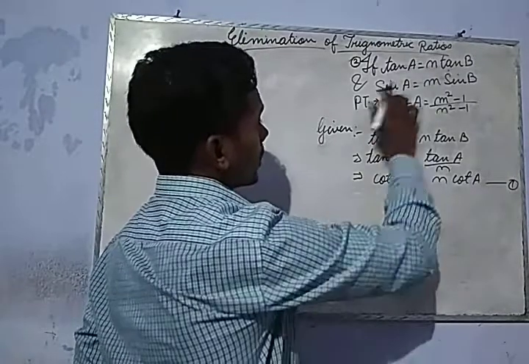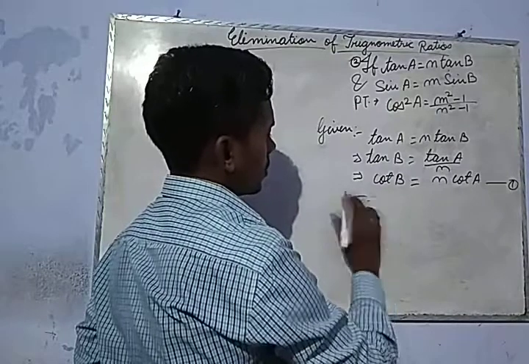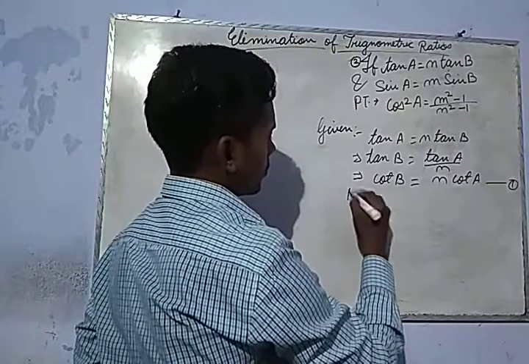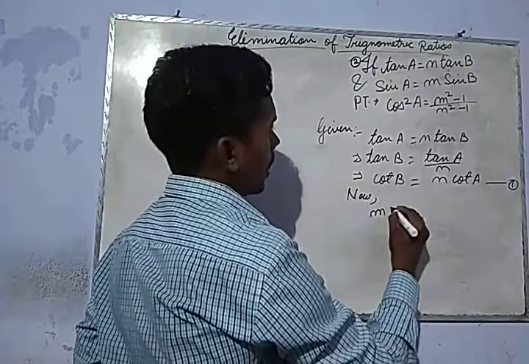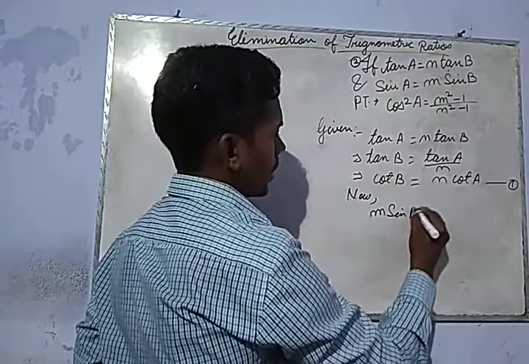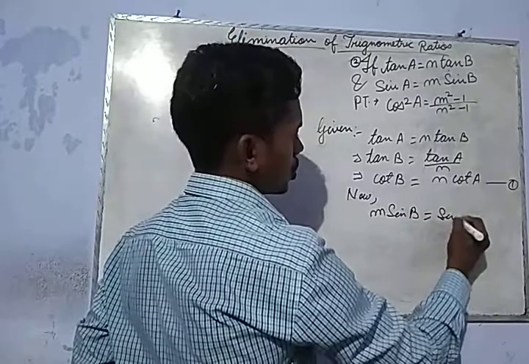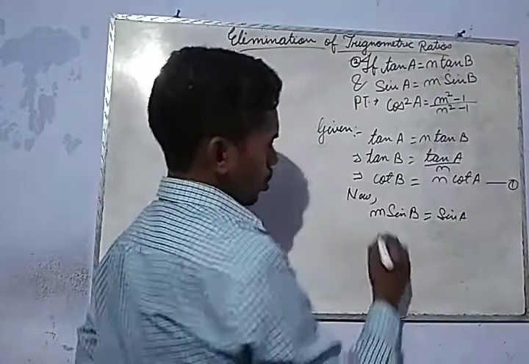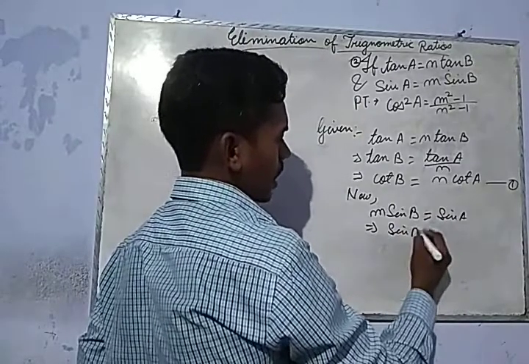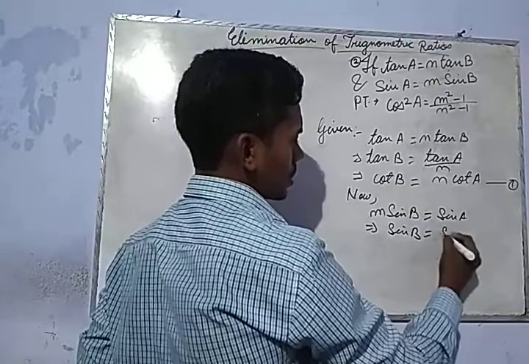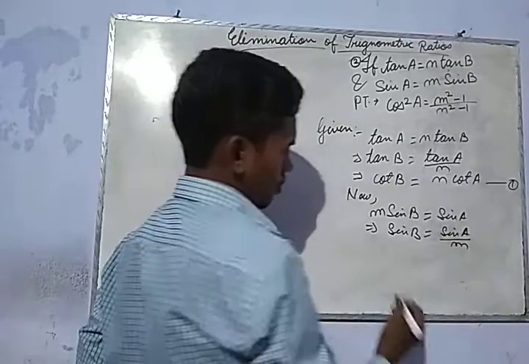Then we take the second given, m sin B equals sin A. So it can be written as sin B equals sin A by m.